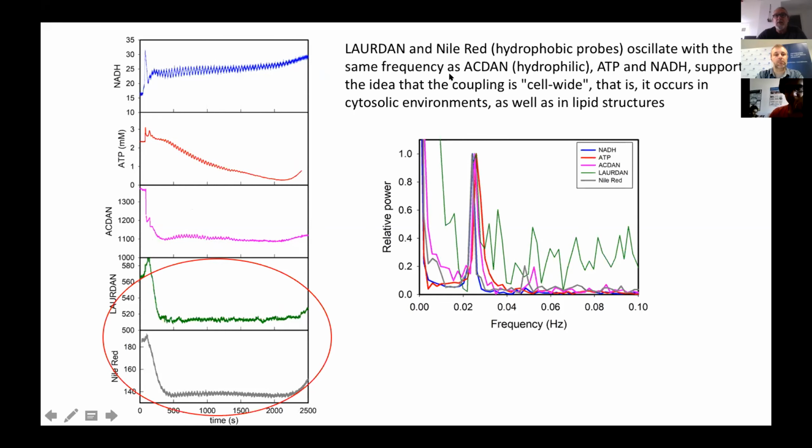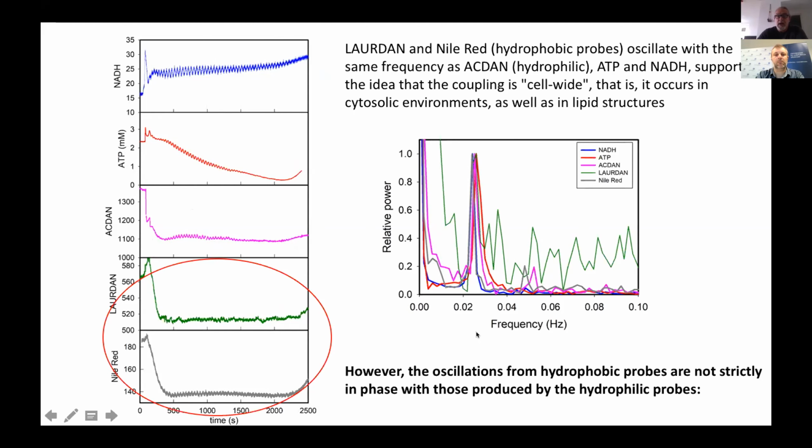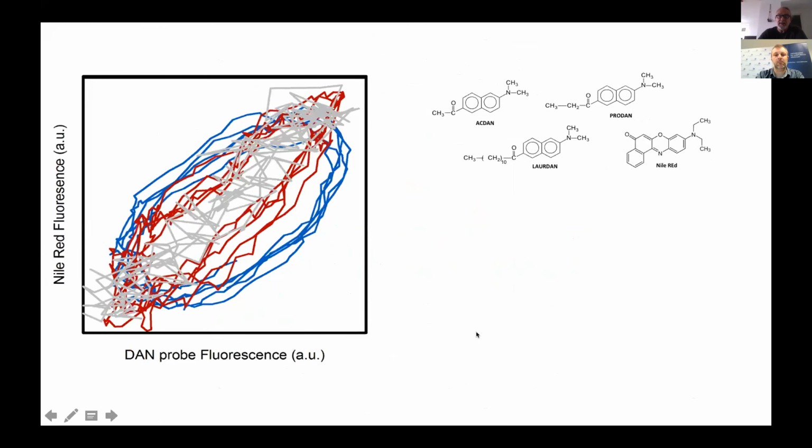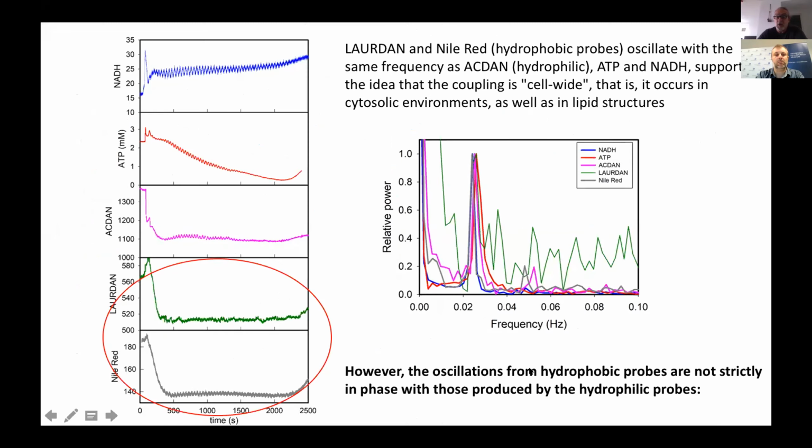So bottom line, all these probes oscillate with the same frequency, indicating that the coupling is cell-wide, as I showed you before, which occurs in the cytosolic environment, but also in the lipid structures. Now, the interesting thing is that the oscillation from these hydrophobic probes is not strictly in phase with those produced by the hydrophilic probes.